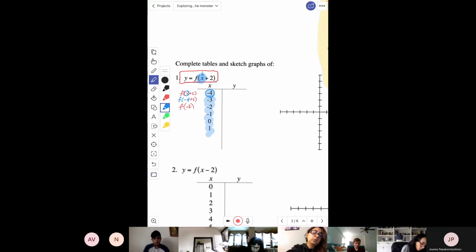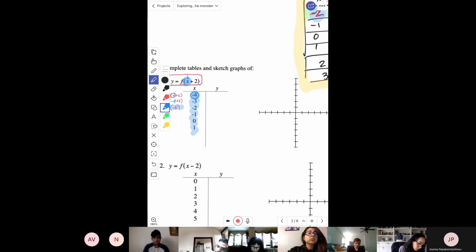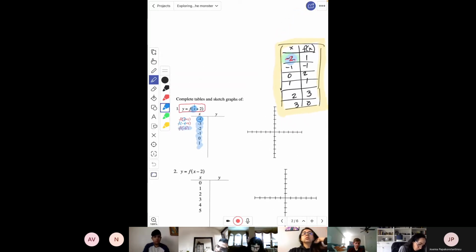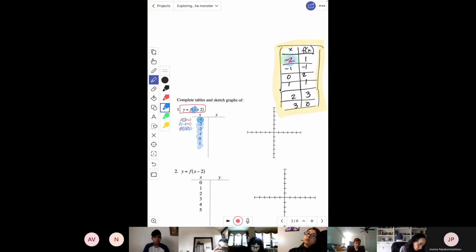For the first one, when x is equal to -4, I'm really looking at f at -2 in our original function. F at -2 in our original function is what? In our original function, what is the function evaluated at -2? 1. Excellent.